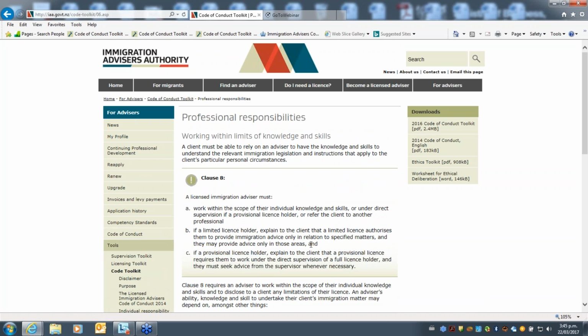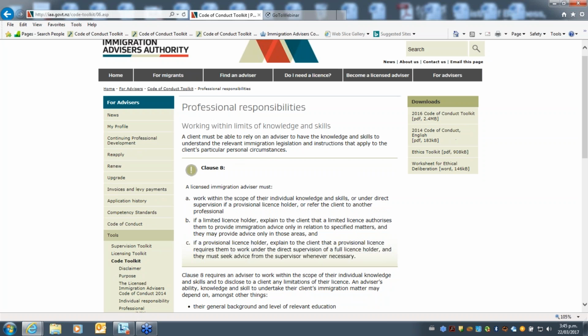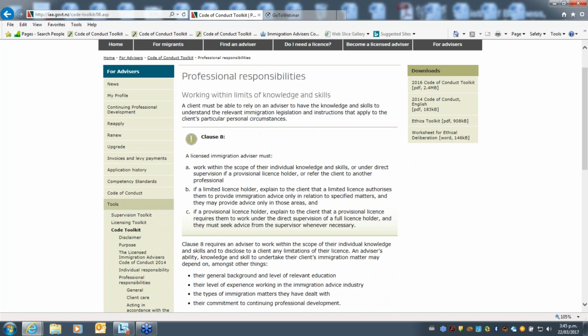So you need to work within the limits of your knowledge and skills. It's very important that the client can rely on you as an advisor to have the knowledge and skills in the particular area that they need your assistance with. So under clause 8, you need to work within the scope of your individual knowledge and skills, or under the direct supervision if you're a provisional license holder, or you refer the client to another professional.